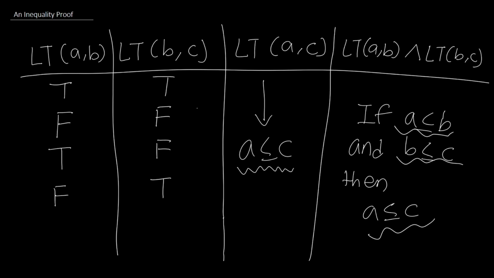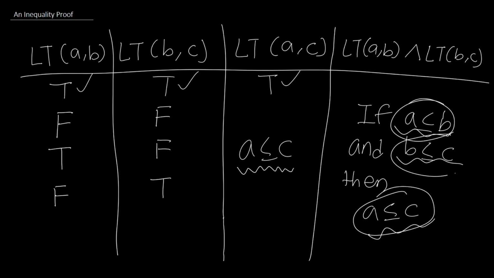The geometric point of view tells us that this over here on top, I'm just going to erase the arrow, should be true. Because if A is less than B, true, and B is less than C, true, then A is less than C, true. And this is the only possibility. A is less than C can only happen when these two statements are true.